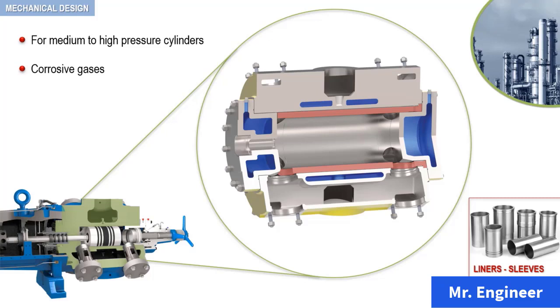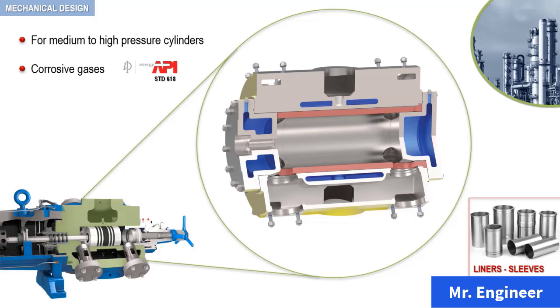The API 618 specifications for reciprocating compressors also reflect this demand. In this course, I will be referring to the API 618 standards many times, as I consider them to be the Bible of reciprocating compressors. API stands for American Petroleum Institute.